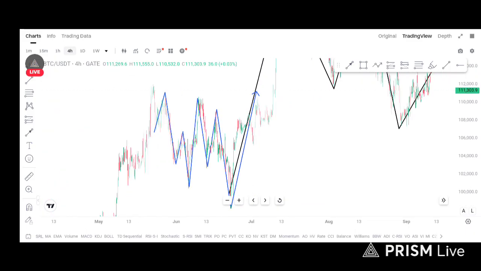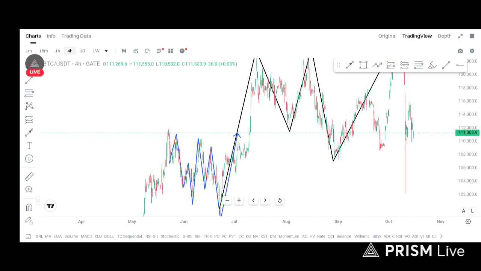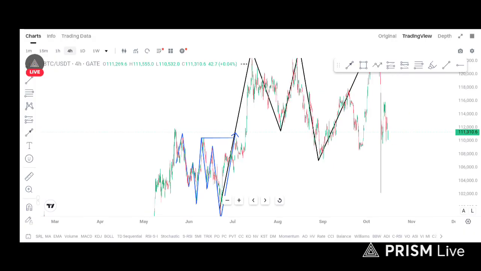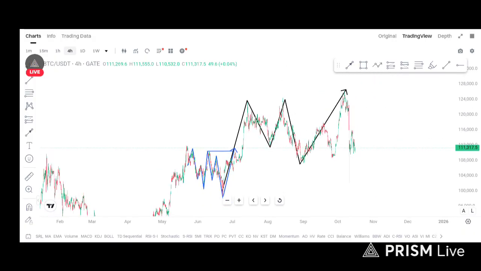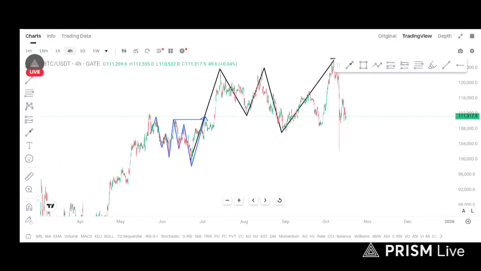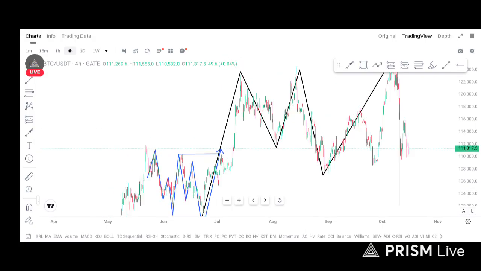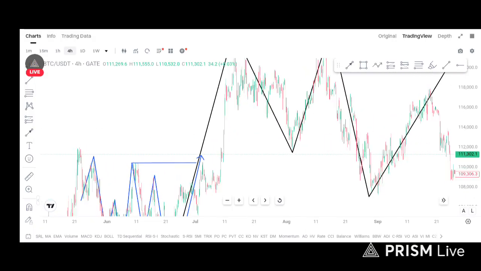Okay, so we had our break of structure here. You can see this guy is a break of structure, but I would prefer saying that this high is my break of structure, and that was what validated the move to the upside. So I've been telling you guys that the chart is very different from all those stuff that we have been doing before, okay?